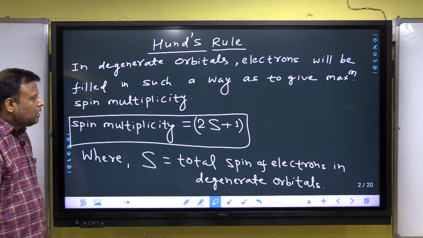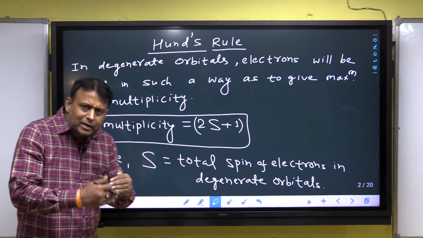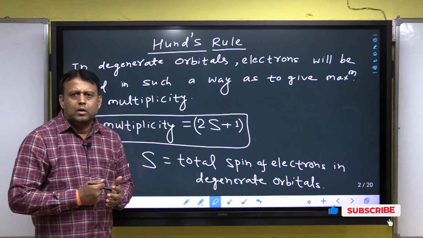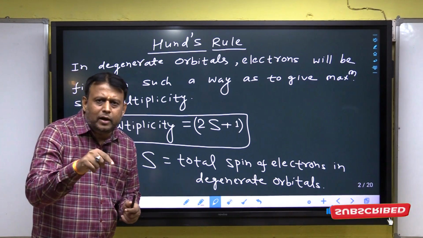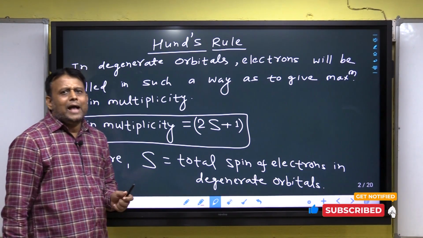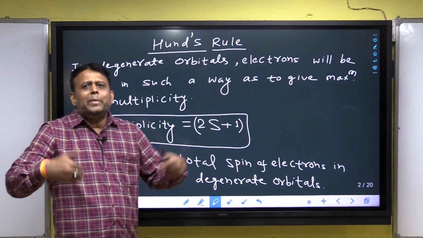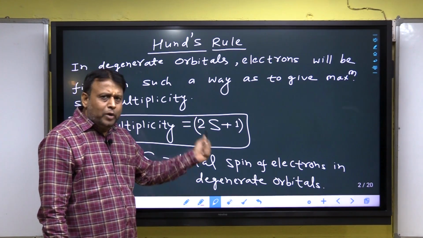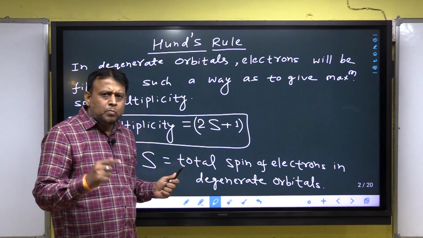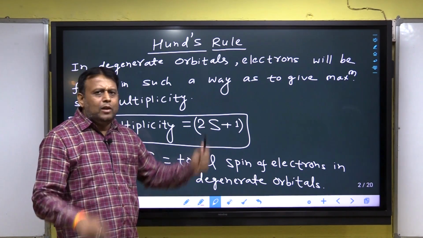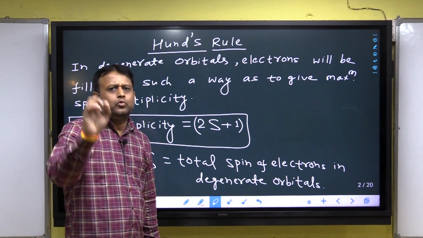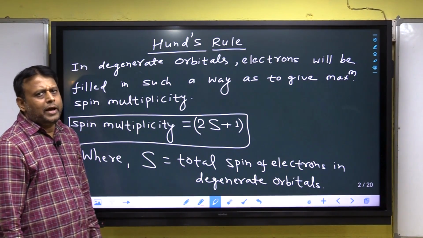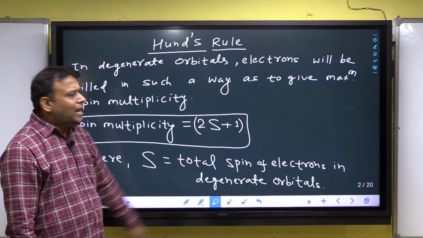I am repeating, in degenerate orbitals, electrons will be filled in such a way as to give maximum spin multiplicity, and spin multiplicity is equal to 2S plus 1. That is, when the 2S plus 1 value is maximum, the process will be correct according to Hund's rule. Clear? And S is total spin.